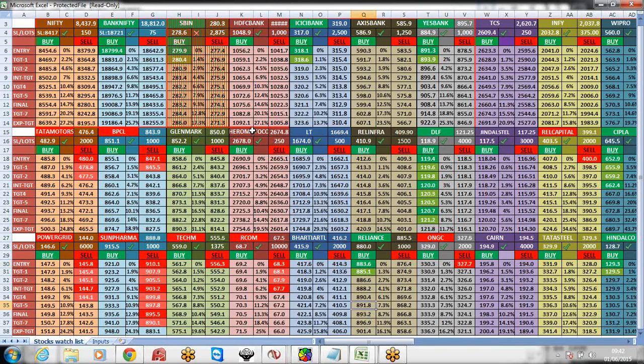So you can keep changing the scripts also. Whatever scripts are available in the NSE F&O segment, you can add all those scripts.